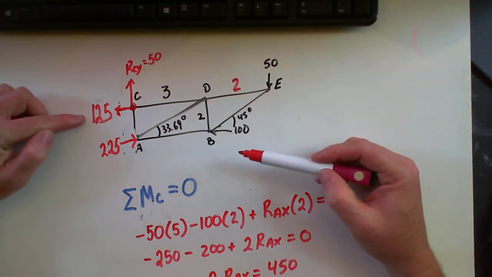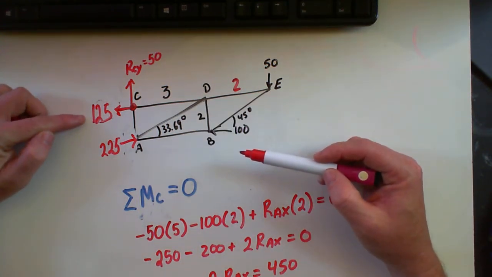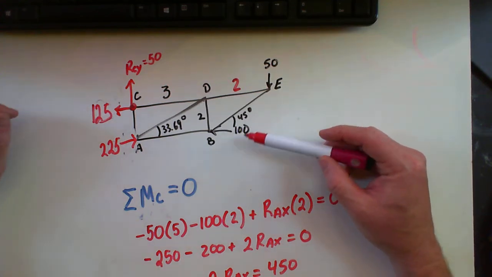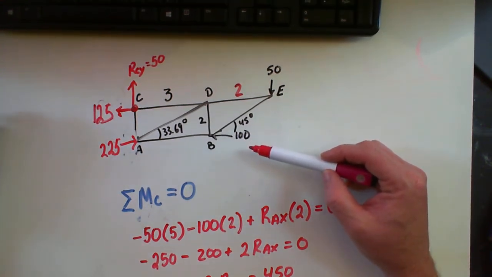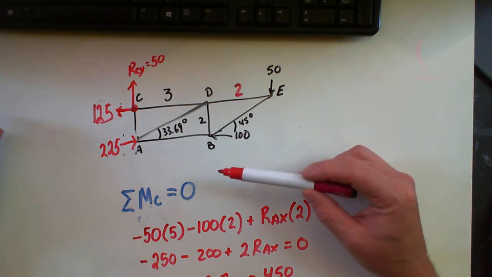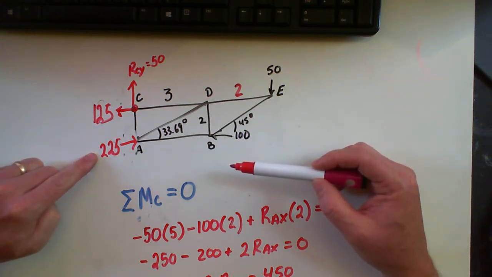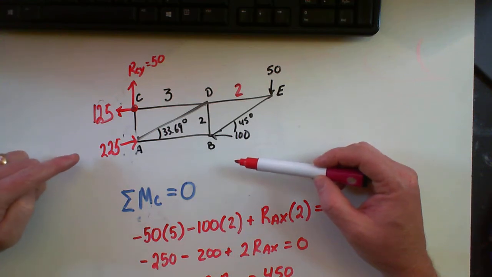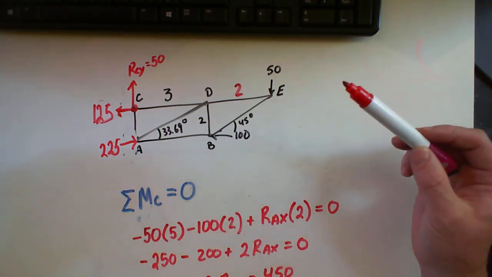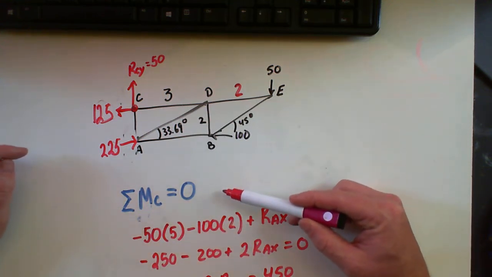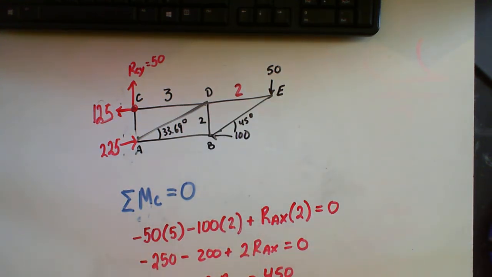Now, the 125, that is the horizontal reactionary force at C, plus the 100, which is the external force at B, going to the left, that's 225 left, and then we have 225 coming to the right at A. So the 225s cancel each other out. We now have the sum of all moments equal to 0. The sum of forces equal to 0. Our reactionary forces are set, and we are ready to move on to the next process.